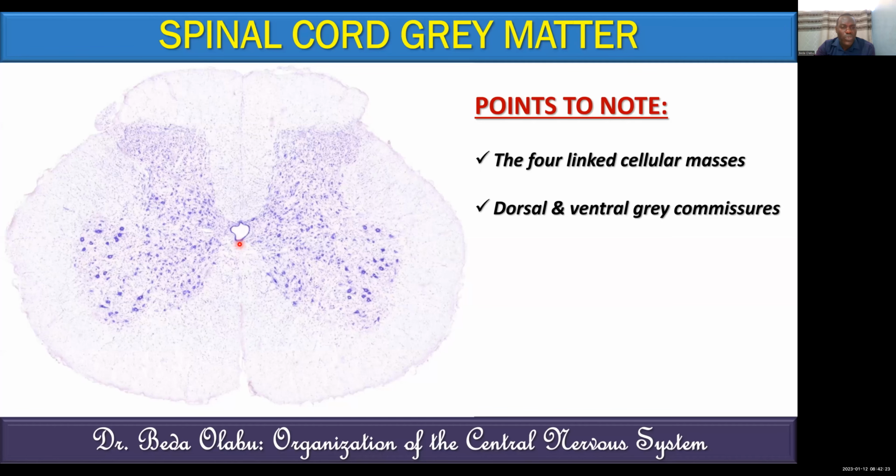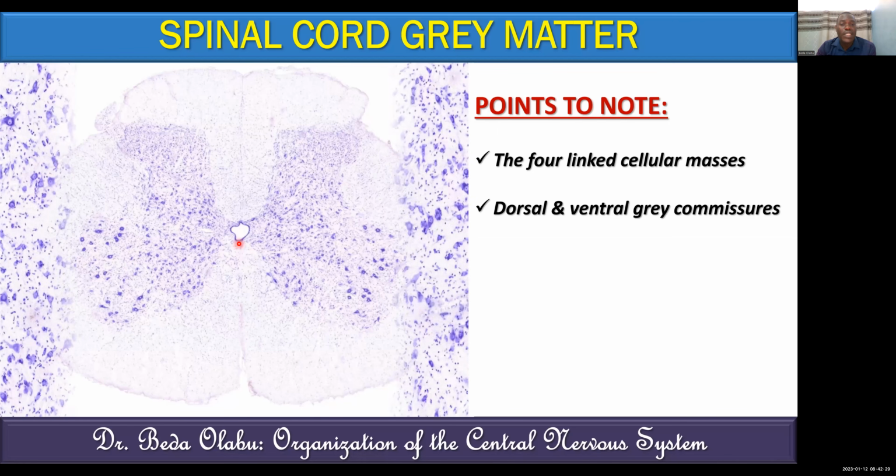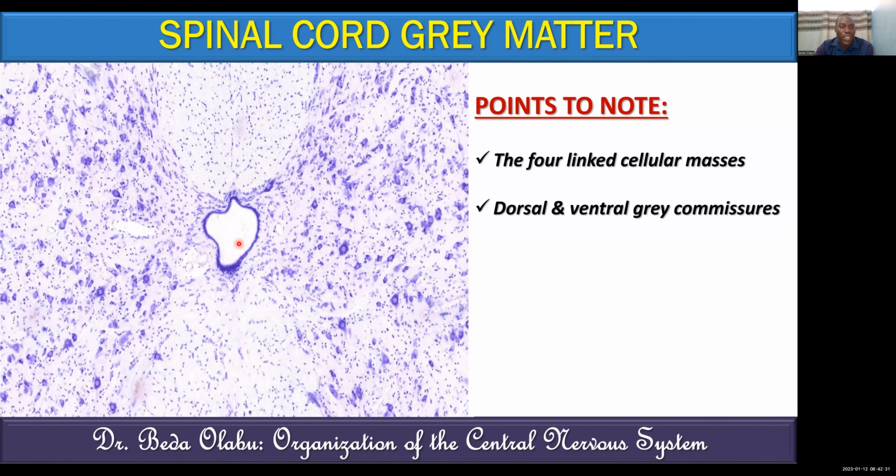We call that continuation the ventral gray commissure. Don't confuse the gray commissures with the white commissures of the white matter. So here, this is the dorsal gray commissure, and this is the ventral gray commissure. Maybe you don't know what commissure is. A commissure is basically a connection between the right and the left side in this context.